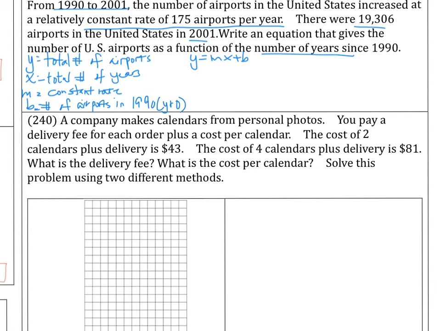Okay, so now the total number of airports, it's given to you in 2001, so that's 19,306. And total number of years, you take 2001 and subtract 1990, you get 11 years.